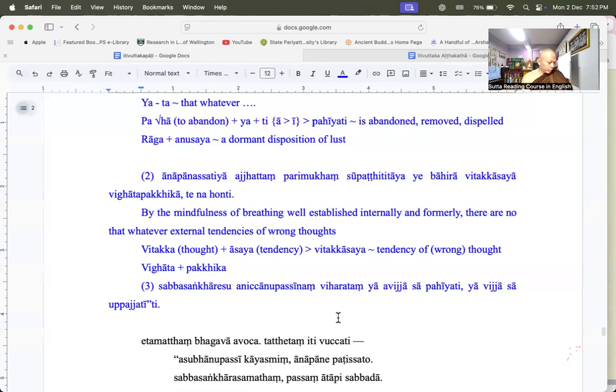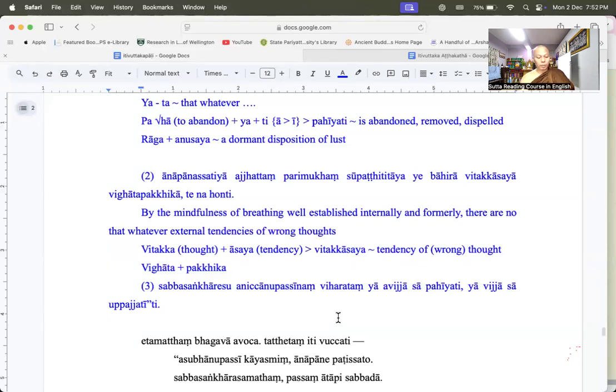Establishing internally in your presence, there will be no external thoughts or wishes, no distressing.